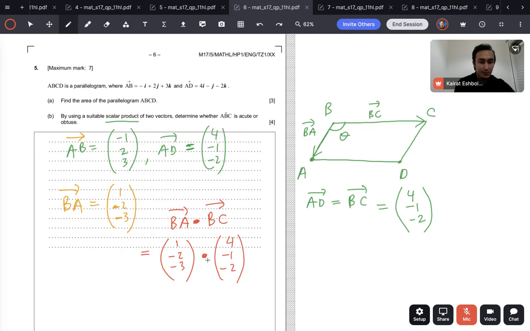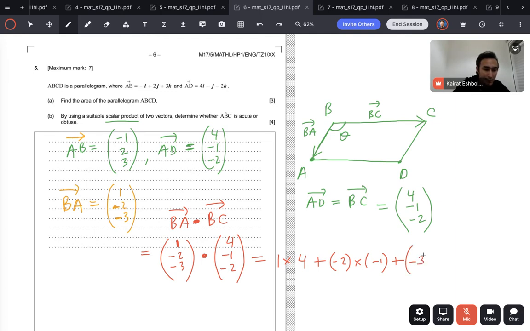Now we need to do the multiplication. This dot multiplication is quite different from the cross multiplication done in part A. It's not very complicated, quite easy actually, because we simply multiply the numbers on the same row. So 1 times 4, plus -2 times -1, plus -3 times -2.